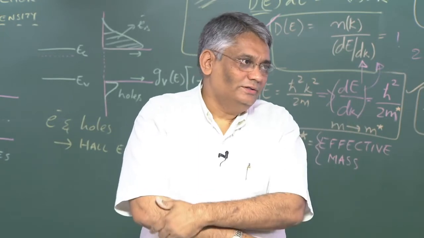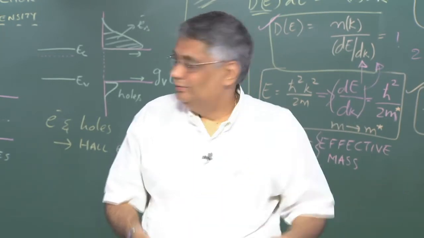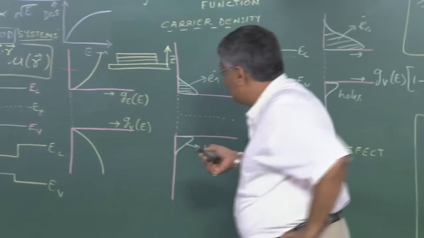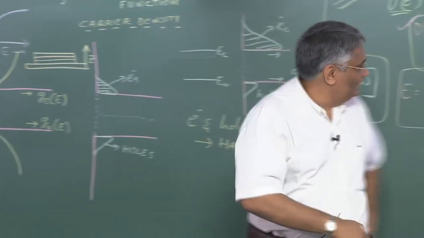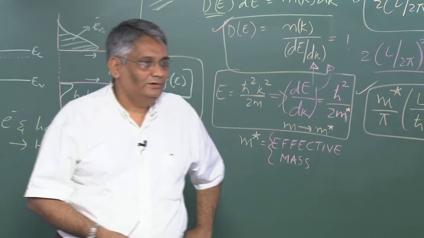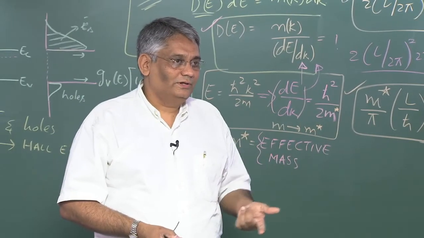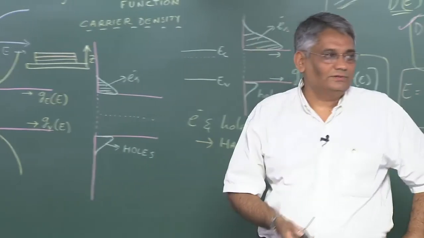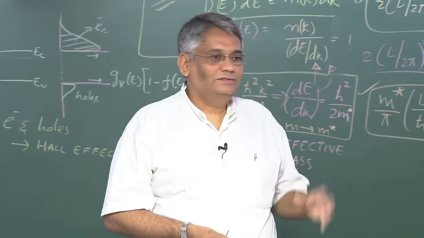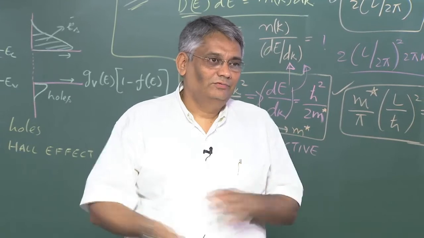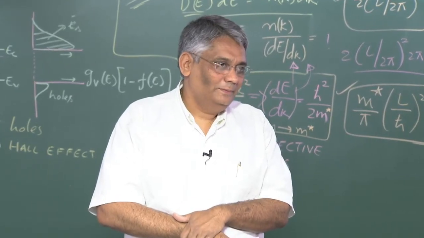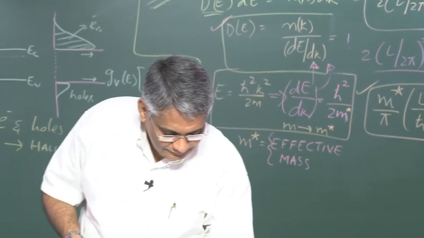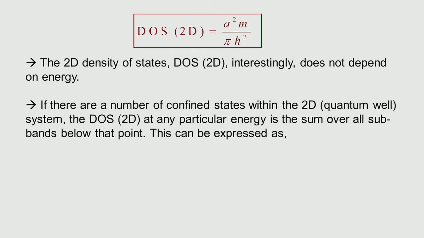We can plot all these different natures and see. Obviously the 2D case is different from the three-dimensional case, and the 1D and zero-dimensional cases are already different. That means if you plot density of states as a function of energy for all these cases, you will see different types of plots. One of the striking features is that the two-dimensional density of states, interestingly, does not depend on energy.